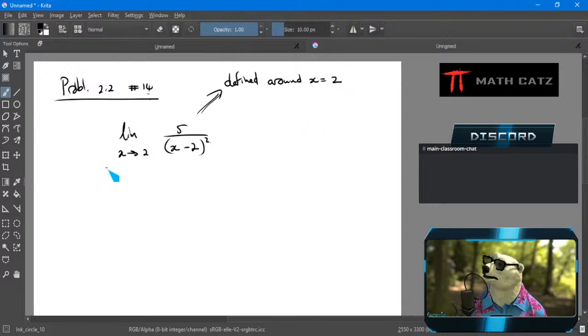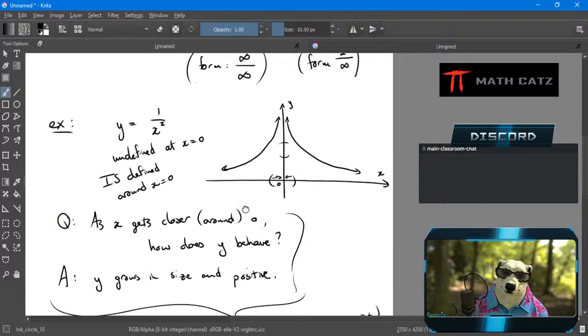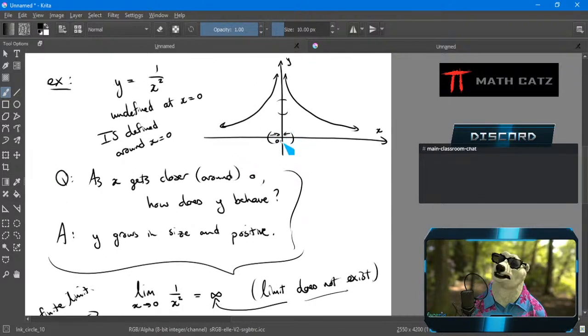It doesn't have to do anything at 2, because as we saw in this example, I'm actually never going to be at that x value. I can't be, yet I can still ask the behavior question. The behavior question is not concerned with what is happening at that x value.